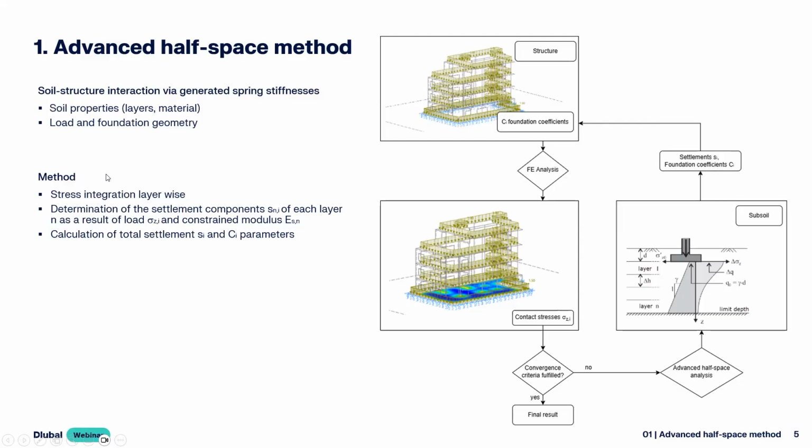And the method is like this. It is also summarized here in that flow chart. We start with our structure, and we have a start value for the foundation coefficients, and for this model the finite element analysis is done. Then, for the whole building and also for the foundation slab, we have stresses and strains, and below the foundation slab we have contact stresses. With these contact stresses, the advanced half space analysis is started.